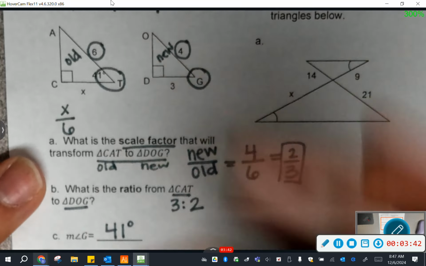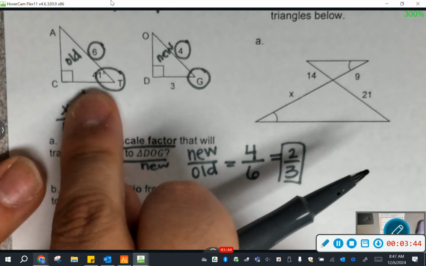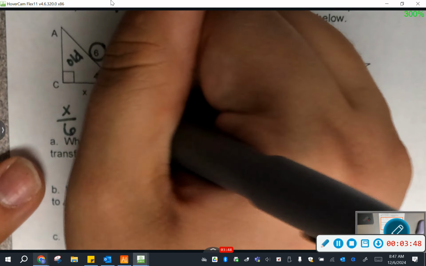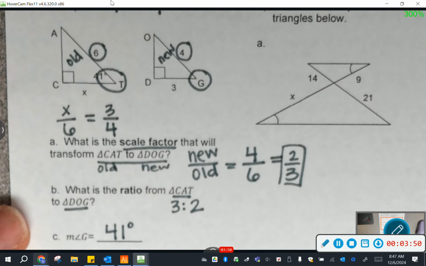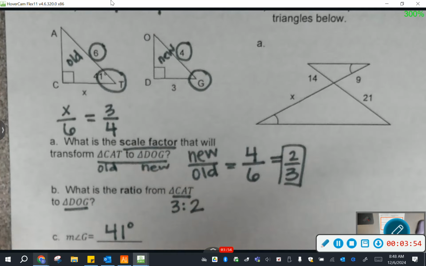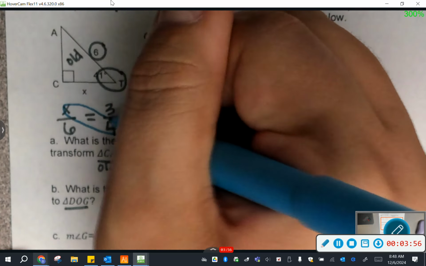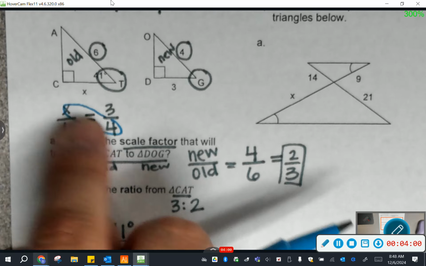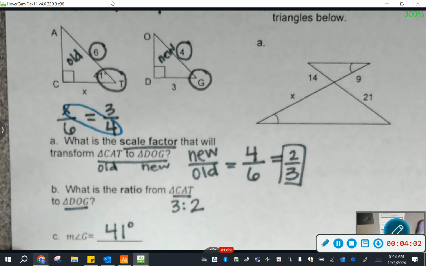That's fine. But if you do X over 6, then what do you have to do? 3 over 4. No matter which way you did this, is your X across from 4? That's all that matters. If you did it different, that's fine. Is your X across from the 4? Then you did it right.